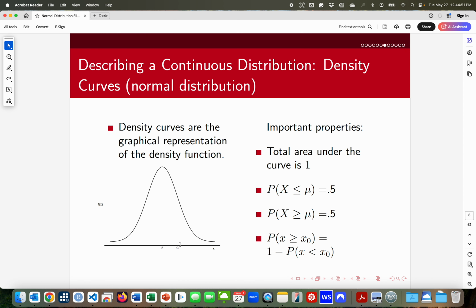Because if we think about this arbitrary value x naught, the only possibilities are it can be less than or equal to that, or greater than that. Equal to is effectively 0, so it doesn't really matter if we have the inequality there or not. It's just there for completeness. The probability that we observe something greater than that has to be 1 minus the probability that we observe something less than that, because the total area under the curve has to add up to 1. And I'll show you some examples of what that means a little bit later.